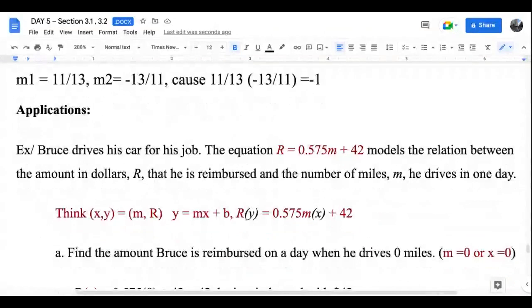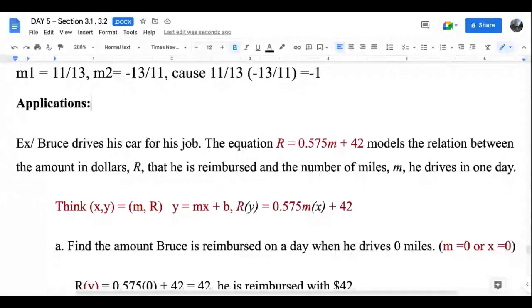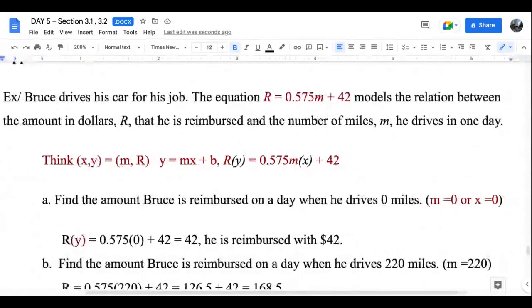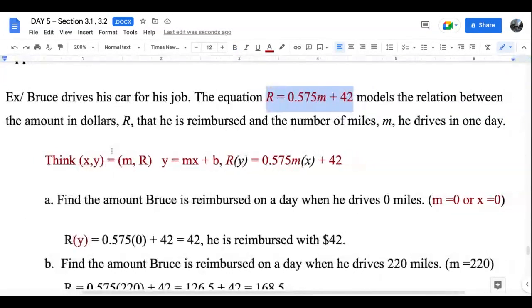Let's see word problems. This problem says Bruce drives his car for his job. The equation R equals 0.575m plus 42 models the relation between the amount in dollars, R, that he is reimbursed, and the number of miles, M, he drives in one day.